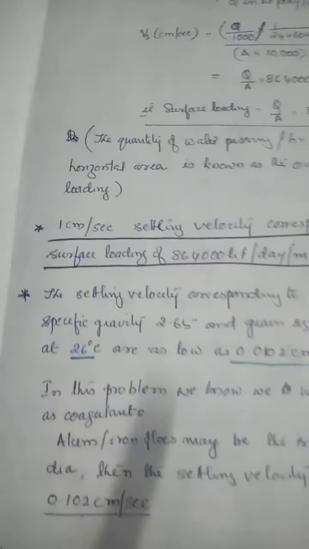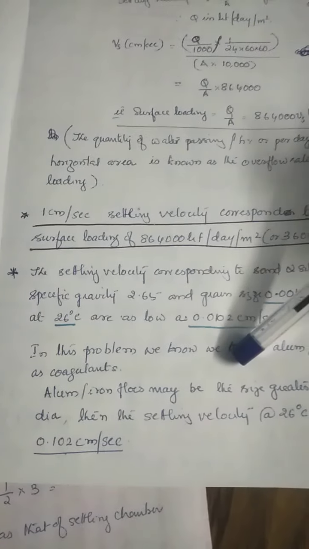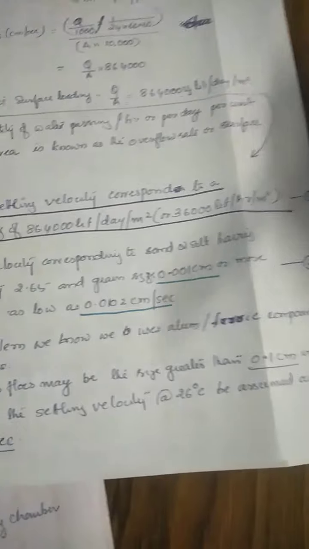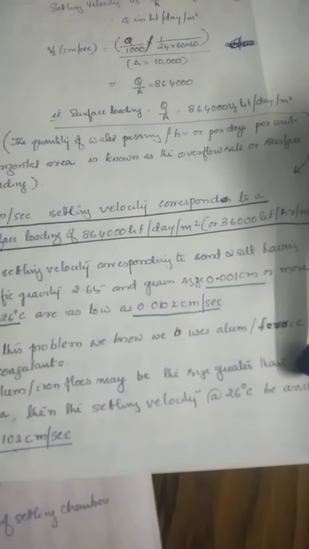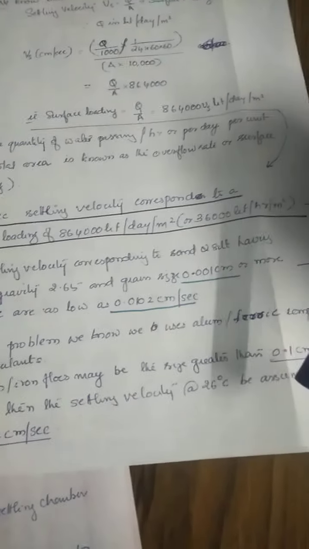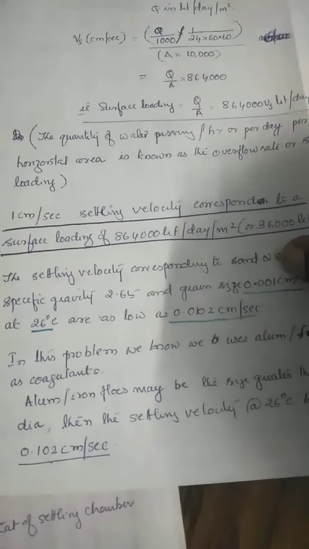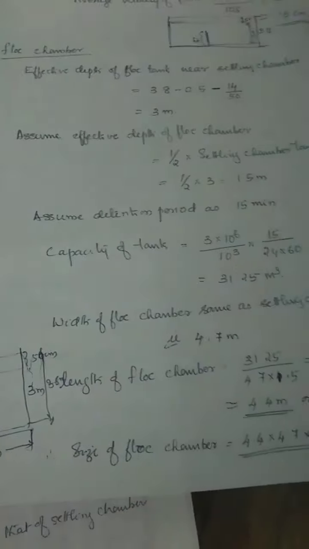In this problem we use alum or ferric ions as coagulants. Then alum or iron flakes may be of size greater than 0.1 centimeter in diameter. Then the settling velocity at 26 degrees Celsius may be assumed as 0.102 centimeter per second. I think you know up to this.